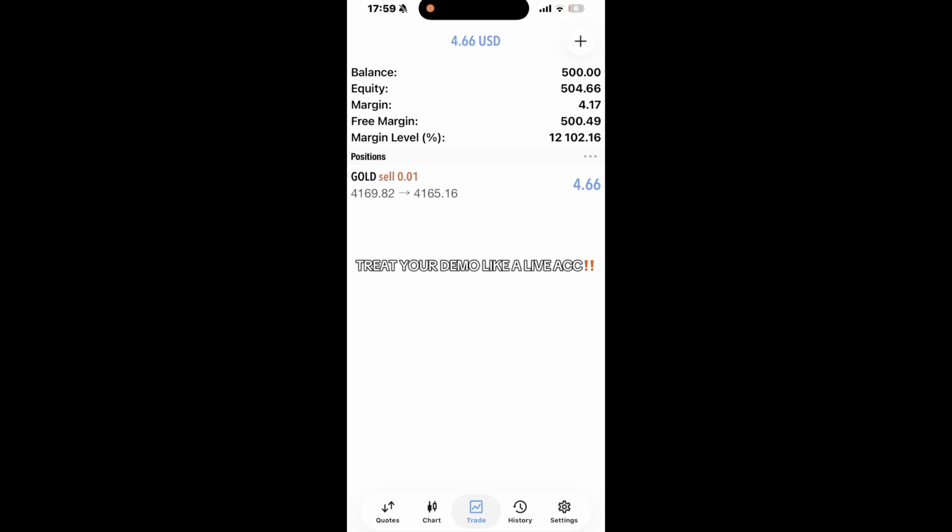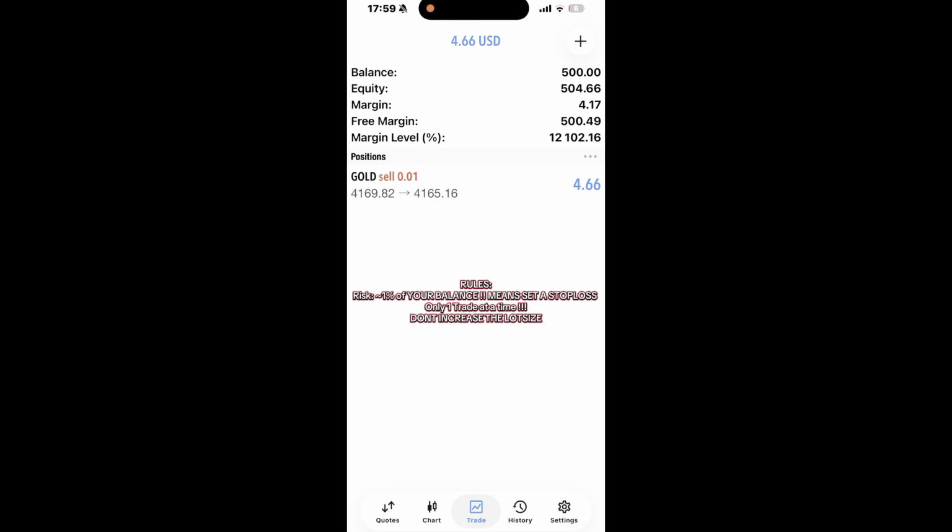This small position here, you are controlling a $4,000 position because you lent money from the broker. And if it goes against you, you will also make the same amount of loss as profits. So you should always use a stop loss at 1% risk level of your whole balance, so $5.